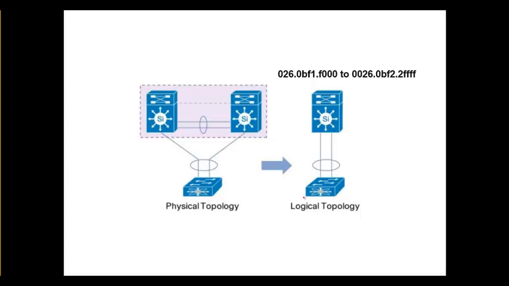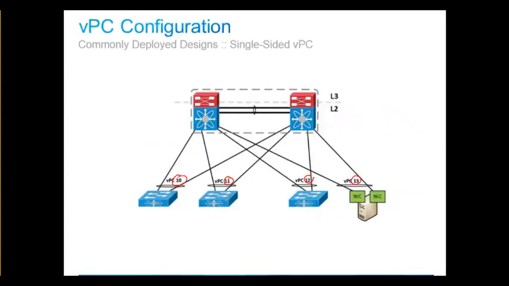So let us take, for example, the switch now has got a MAC address 0026 0BF1 F00A. That will be the MAC address for this virtual switch. So there will be another MAC address F00B for the second vPC.